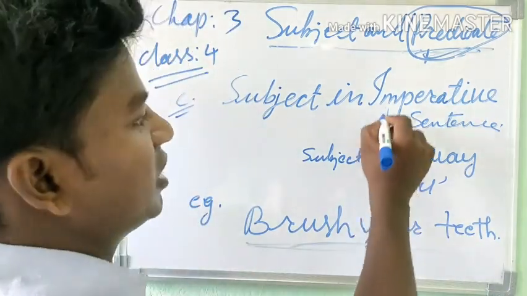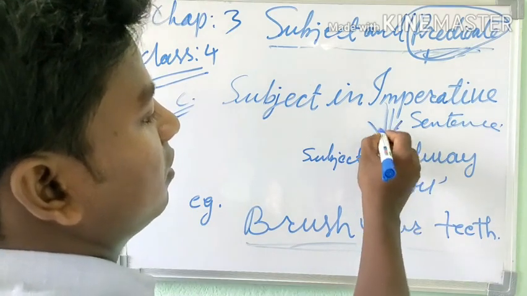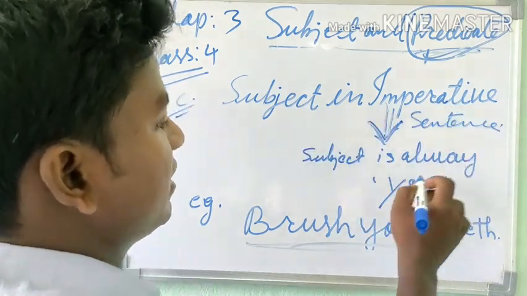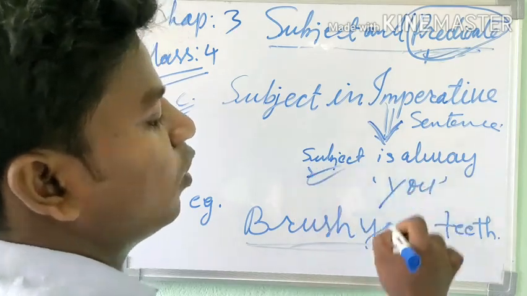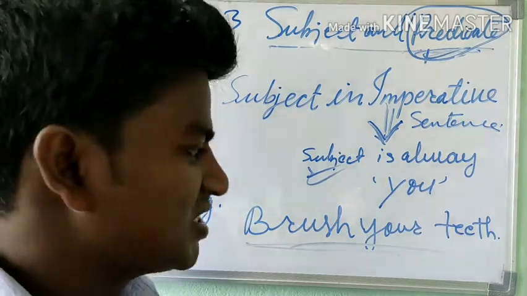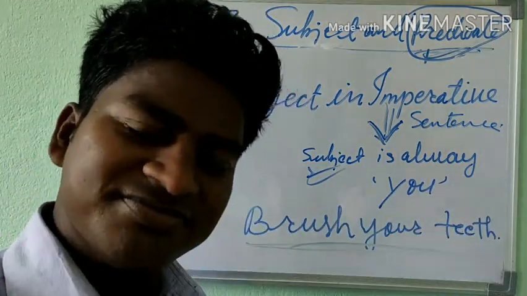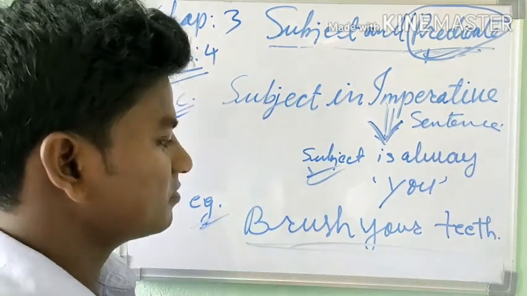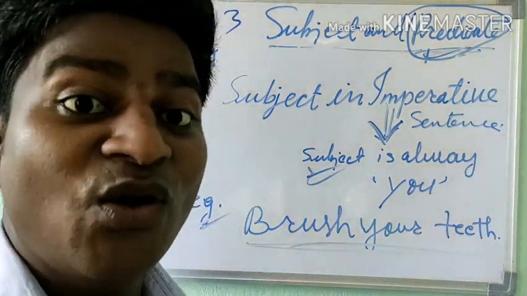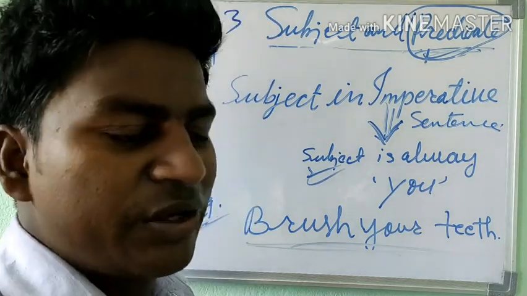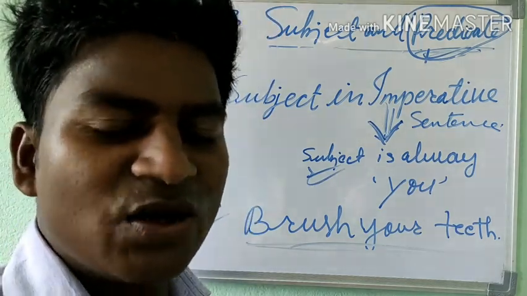In imperative sentence, the subject is always you. How? Let's see in the example. Brush your teeth. Whom are you telling? Whom are you giving this advice?